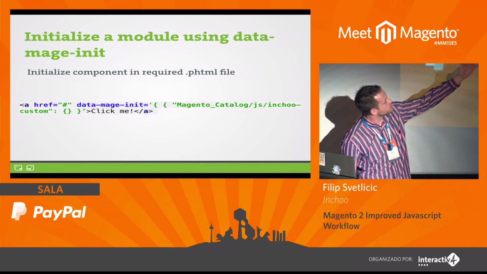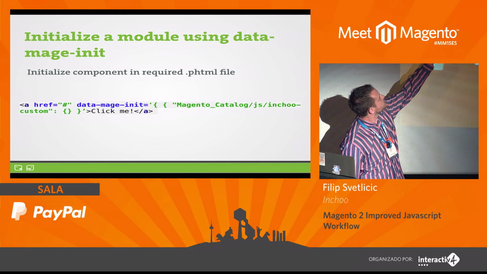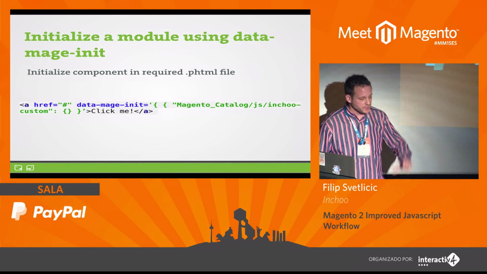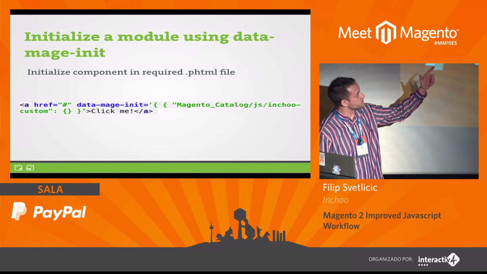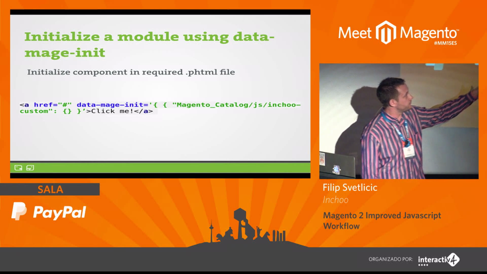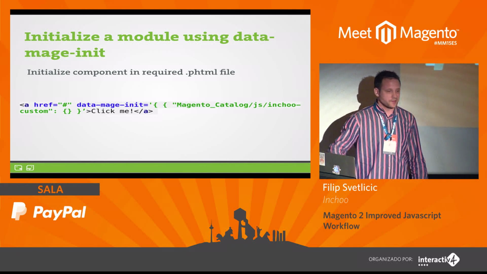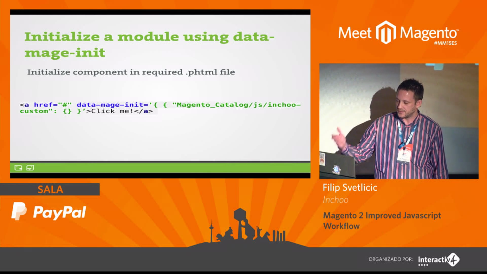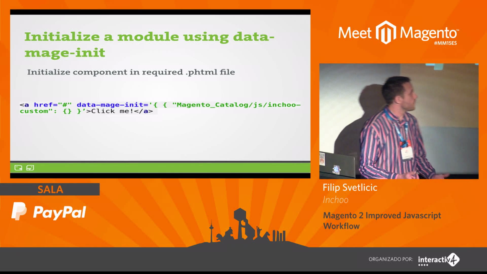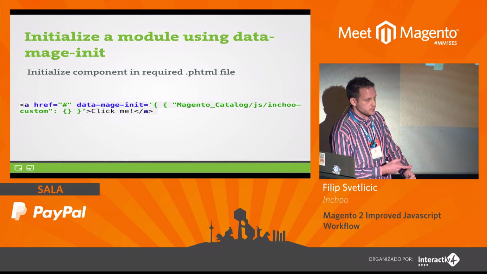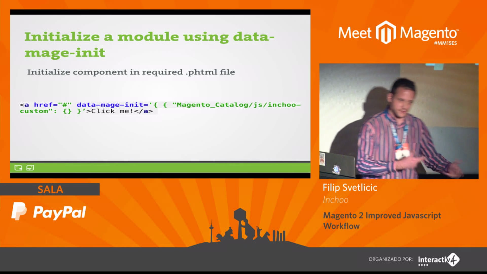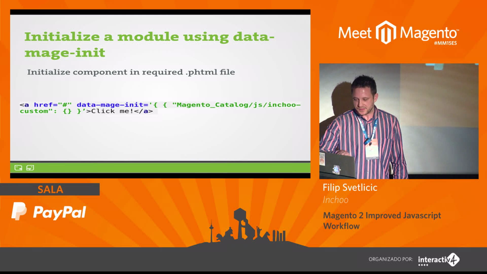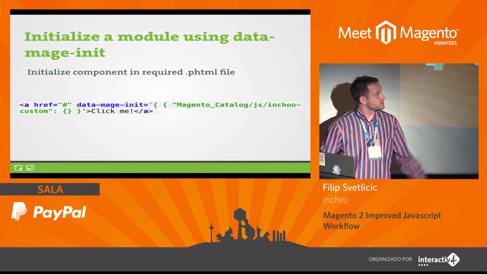So there is Magento_Catalog, JS, chew custom, and when I use blank parameters, it will still load the script. That is the catch: it will load the script, but it's not the preferred way. If you just want to load the script, you will not use this, because this function receives JSON objects or a function as a return, and a specific action needs to be triggered. This is why I use this example, because this is not the right way to do it.